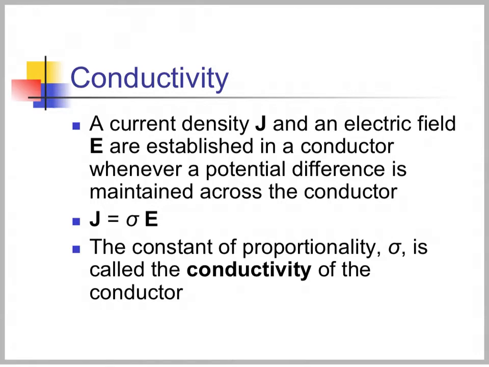And I know we're using the same variable again, but this is not the surface charge density that we were talking about in previous chapters. It's a completely different concept. We're using the same variable, sigma, but as a different physical quantity. In this case, sigma talks about how easy it is to get electrons to move in a given electric field.